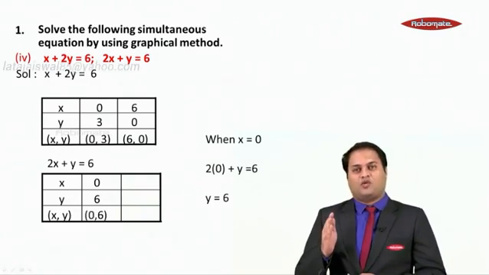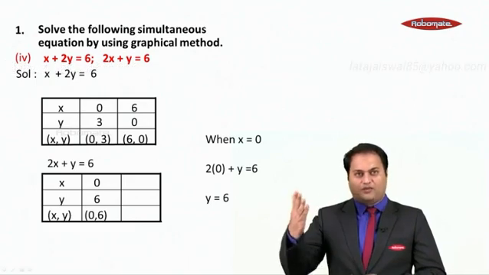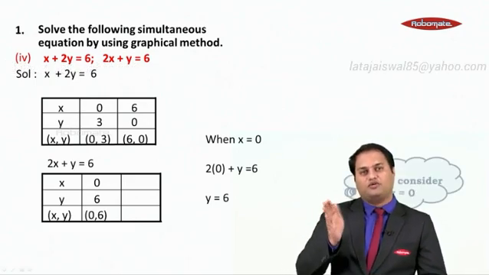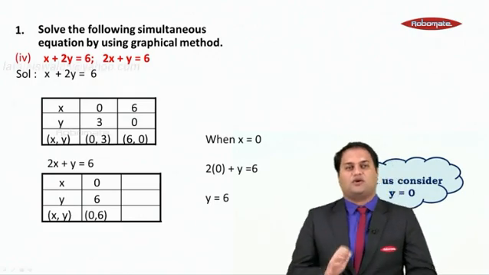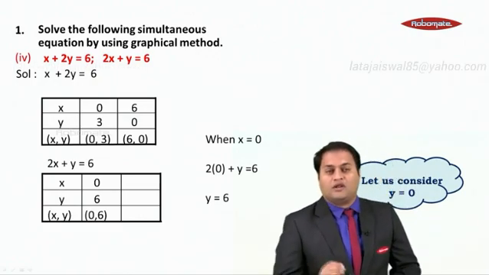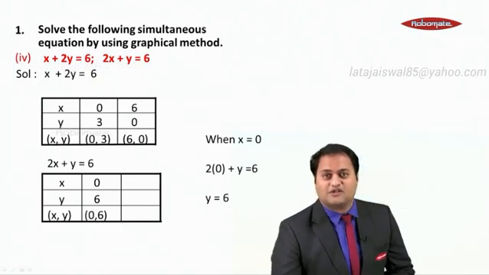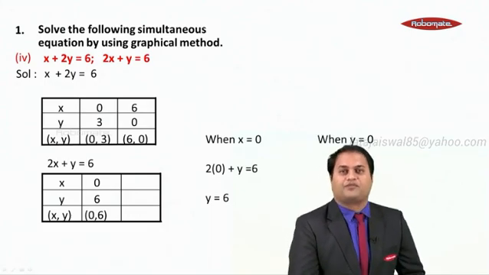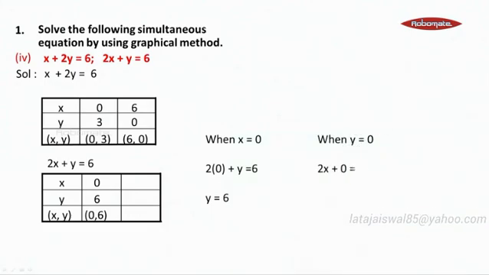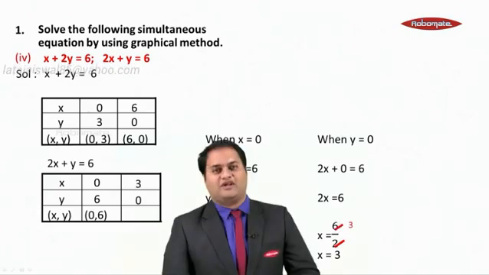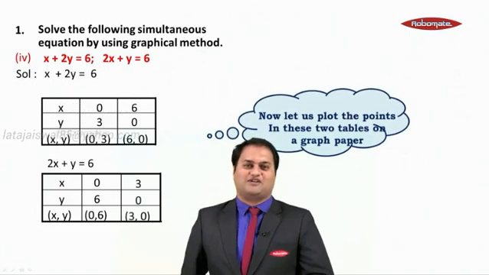Once you get y by x is equal to 0, now we place y is equal to 0. When y is equal to 0, 2x plus 0 is equal to 6, 2x is equal to 6, you get x is equal to 3. So when y is 0, x is 3, we get a point 3, 0.